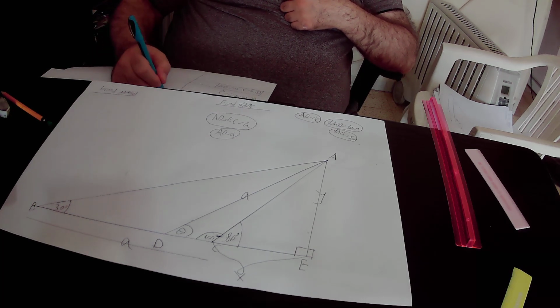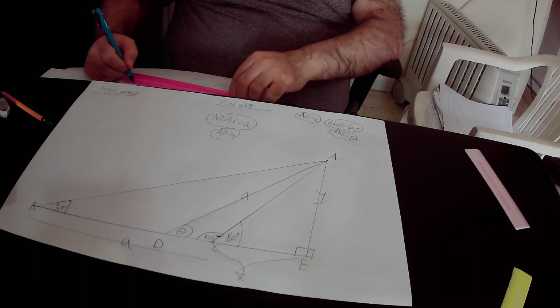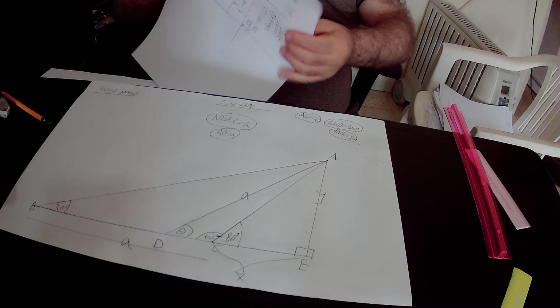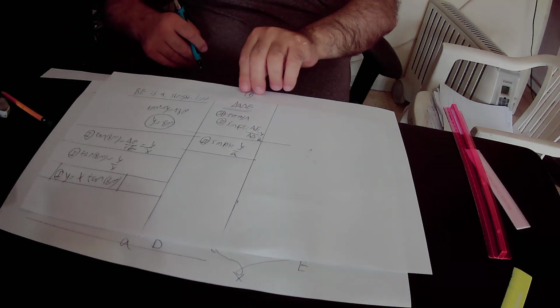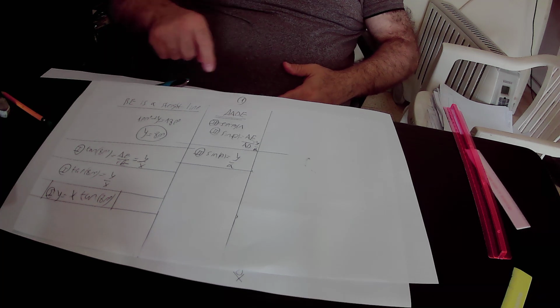So actually, we found out that sine theta, according to equation number 2, equals Y over A.